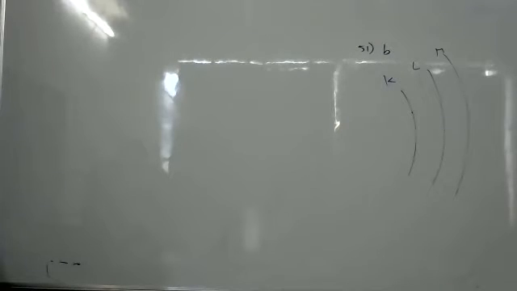C, an orbital is the region around the nucleus where there is 90 to 95% probability of finding all the electrons in an atom. Option D, an orbital is characterized by 4 quantum numbers n, l, m, and s. An orbital, what is correct? Option C is correct. Orbital definition, that is.